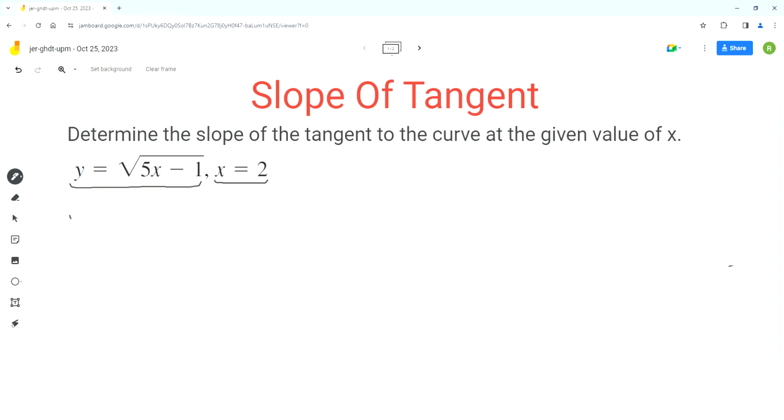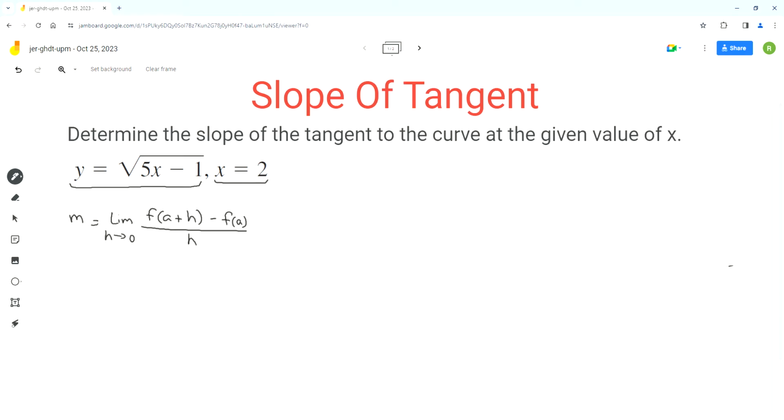The formula is m equals limit h approaches 0 of f at a plus h minus f at a over h.